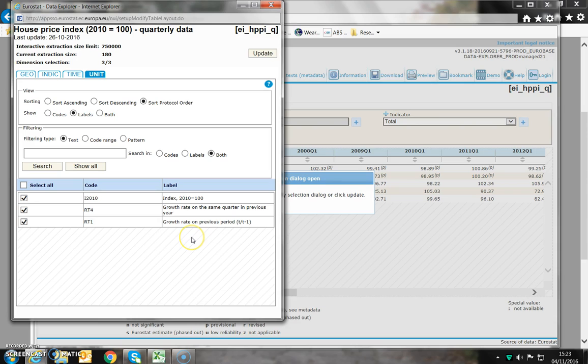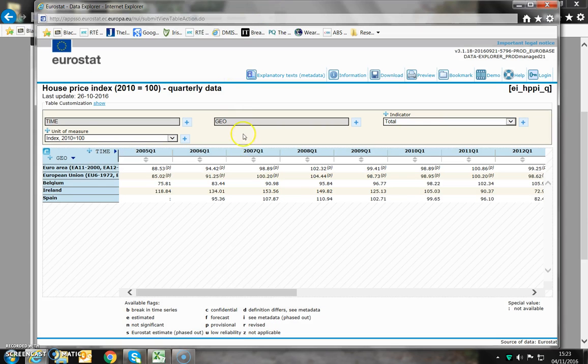Growth rate on previous period, so we can look at the change over time from quarter 2, say, compared to quarter 1, or quarter 3 compared to quarter 2 of a particular year. And we might just leave as is, leave it as the index rate, 2000. We could do that. So there's a lot of different things we can do with the data before we download it, before we explore what we're going to do with it.